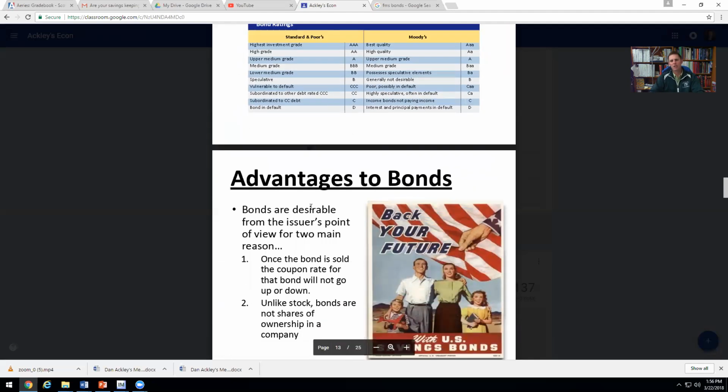So it goes through advantages of bonds. They're desirable from the issuer's point of view for two main reasons. Once the bond's sold, the coupon rate for the bond will not go up or down. Unlike stocks, bonds are not shares of ownership in a company. So basically, the interest rate stays. Like some of you have asked in class, how do we figure out the interest rate? What about the stock market?